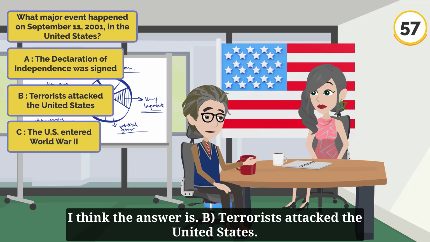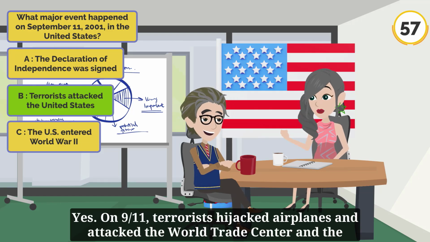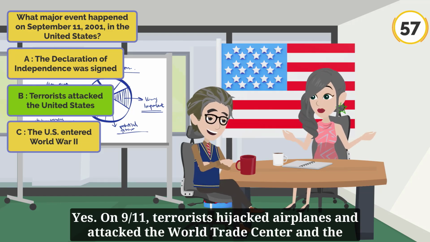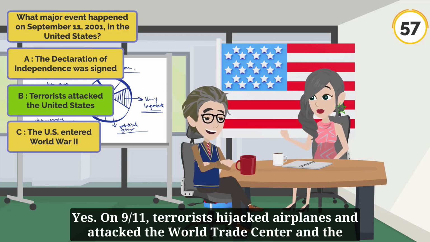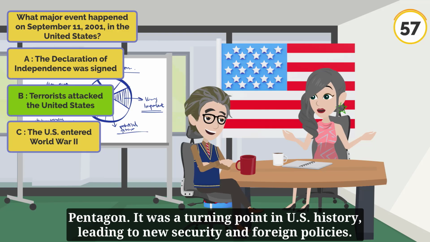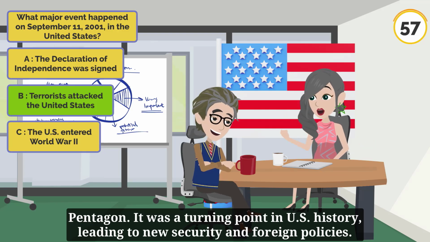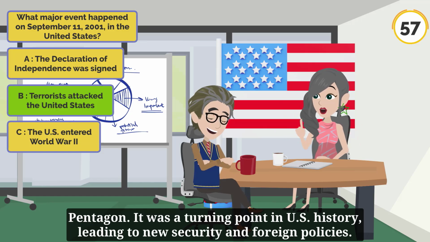I think the answer is B. Terrorists attacked the United States. Yes. On 9/11, terrorists hijacked airplanes and attacked the World Trade Center and the Pentagon. It was a turning point in U.S. history, leading to new security and foreign policies.